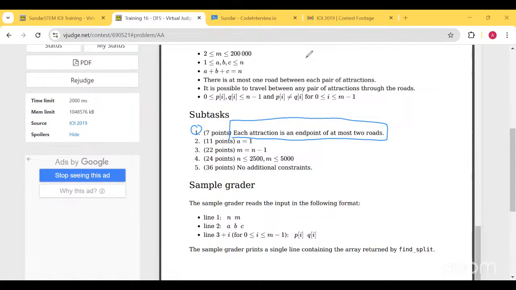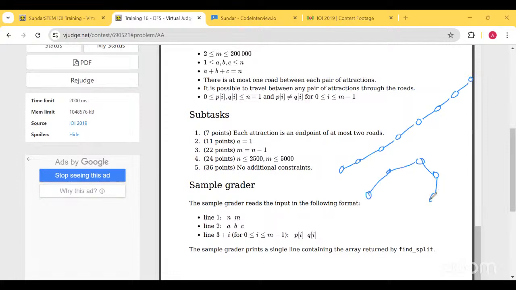Yes, we know at most. So the graph becomes this form. Okay, one of the possibilities is a chain. Is there any other possibility? Cycle, that's it. A cycle also satisfies this constraint, right?